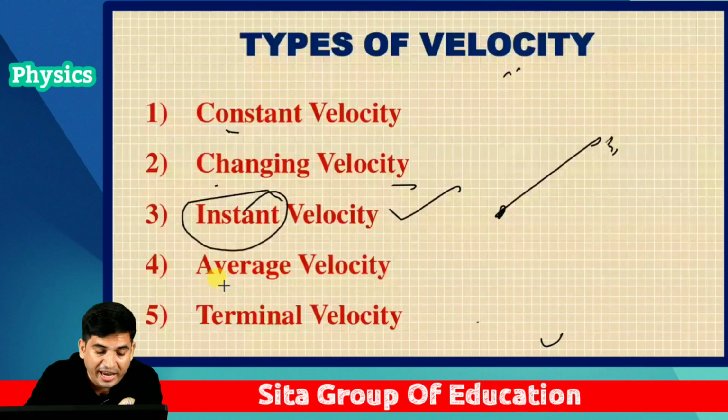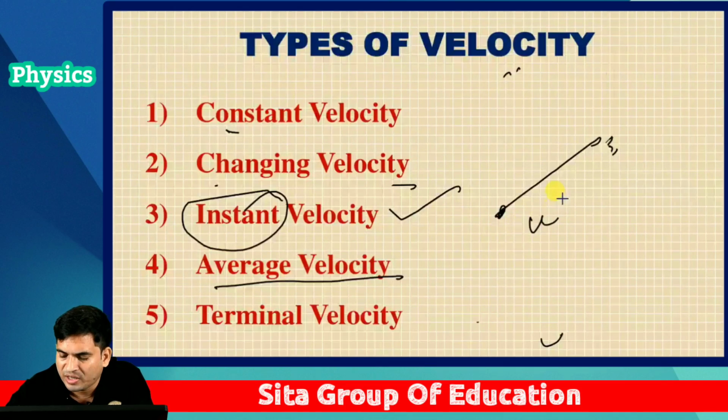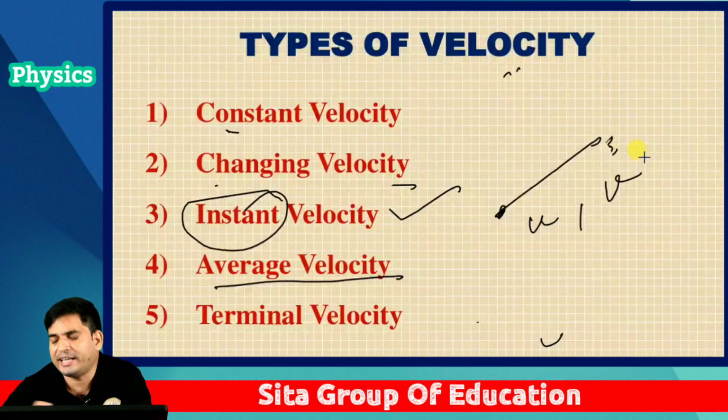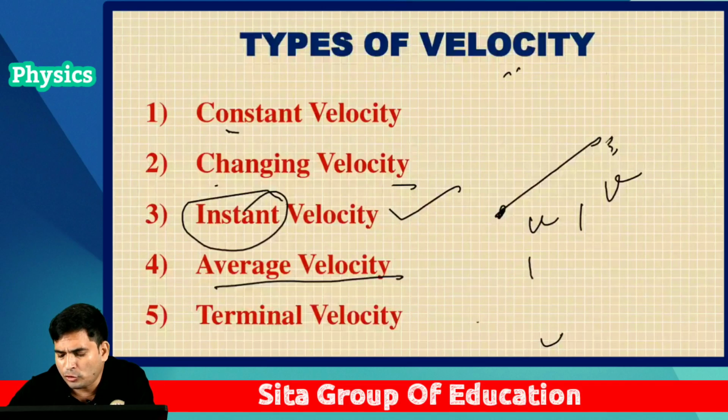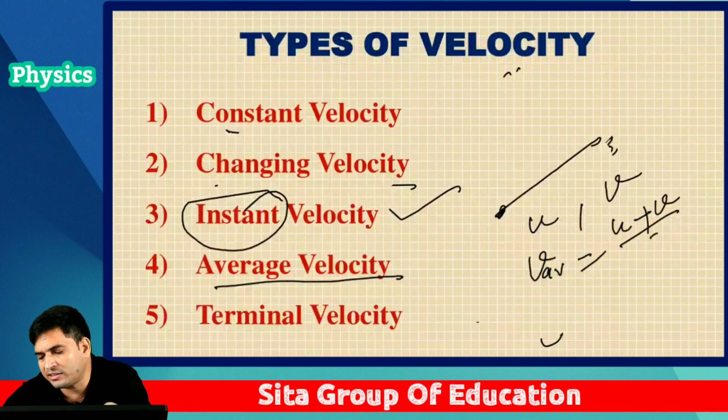Next one is the average velocity. If there is more than one velocity, there is the initial velocity u, which means from where you have started your journey, and v is the final velocity. If you want to find the average velocity, it is initial velocity plus final velocity upon 2.